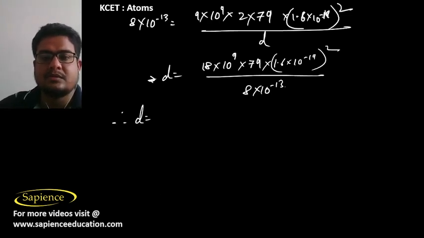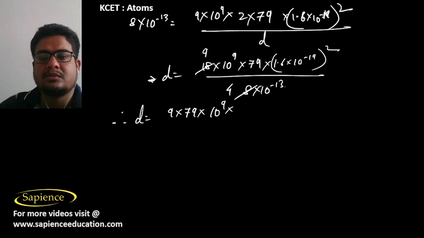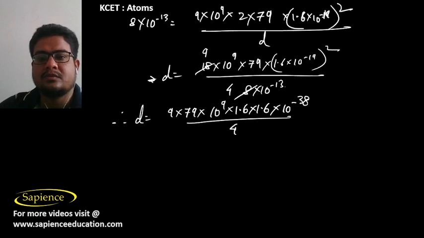Therefore, d will be equal to 9 into 79 into 10 power 9 into 1.6 whole square, that is 1.6 into 1.6 into 10 power minus 38, divided by 4 into 10 power minus 13.